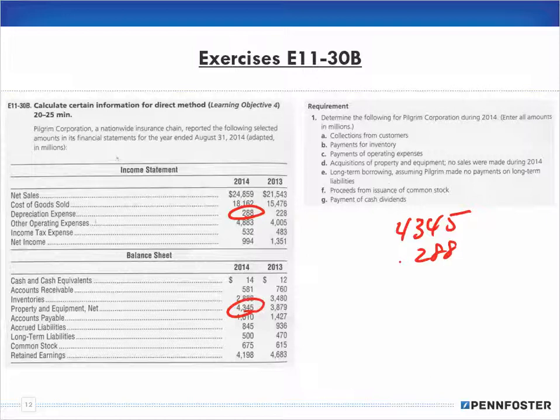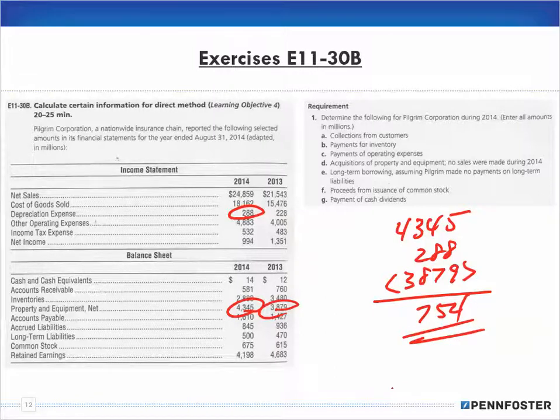So we have an ending. We have to consider our depreciation, and then we have to take into account our beginning balance, because we're looking for the change here in the acquisition of our property, plant, and equipment, which ends up being 754 million.